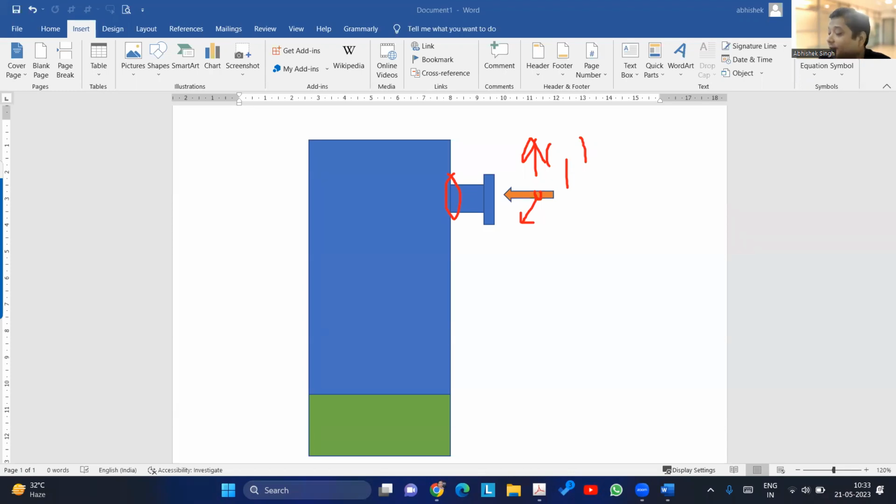It considers load at only the junction. So whatever load we are using here needs to be converted to this point.